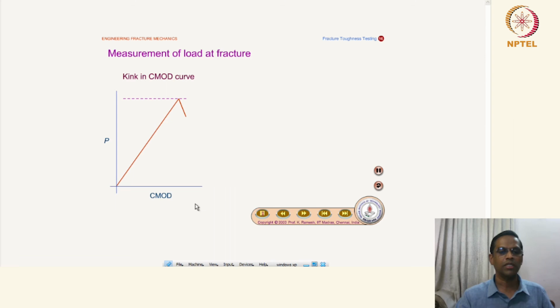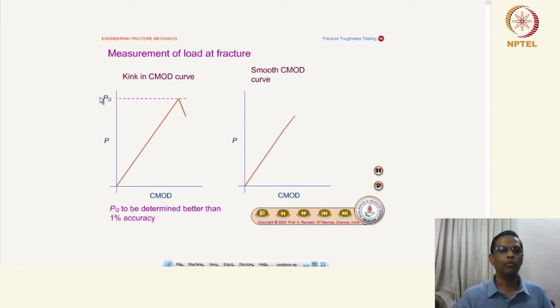So, load versus displacement. You will have the PQ value. The maximum load PQ is to be determined to better than 1% accuracy, and you need a smooth COD curve, without a kink.